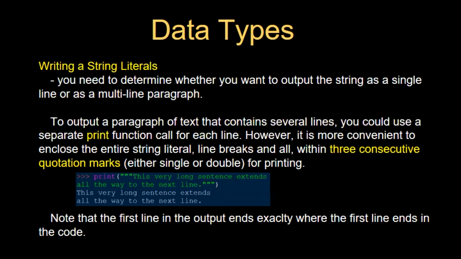So to output a paragraph of text that contains several lines, you could use a separate print function, diba? So print function for the first line, then print function for the second line, and so on. However, it is more convenient to enclose the entire string literal. Tapos ma-add ka lang sang 3 consecutive quotation marks. So it's either single or double quotation for the print function.